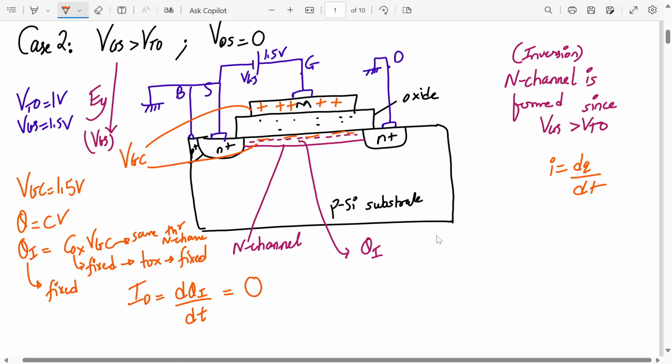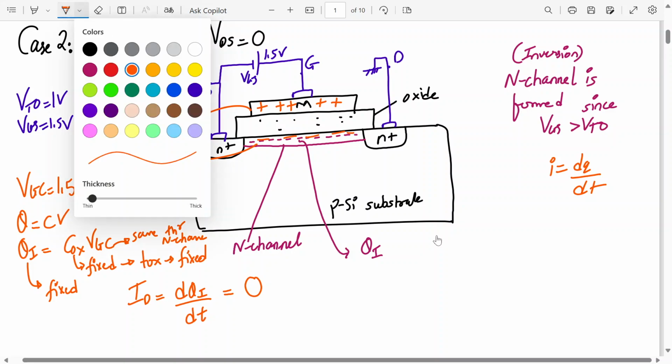Since the gate to channel voltage is uniformly distributed across the N channel, current will be 0. So in spite of the channel being formed between source and drain terminal, no current flow exists in the device. The device is capable of carrying current, and the shape of the N channel is uniform throughout, but the device does not conduct any current, right?